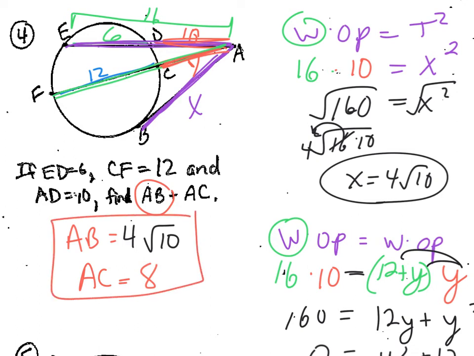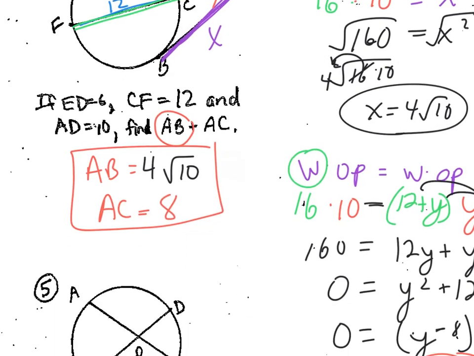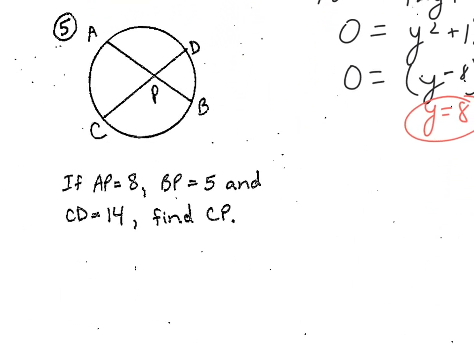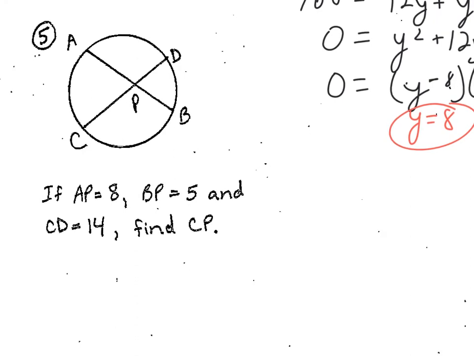Definitely up the challenge a little bit with number 4 compared to 1, 2, and 3. One more. Let's work through number 5. So here's number 5. Go ahead and set it up. So we've got AP is 8.